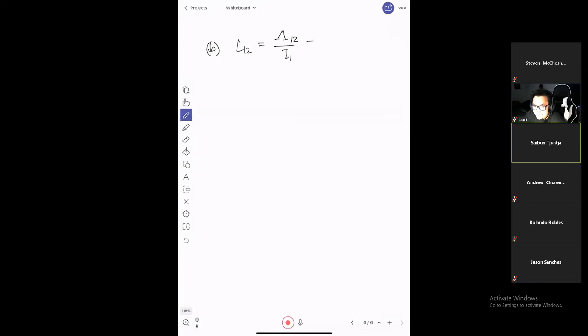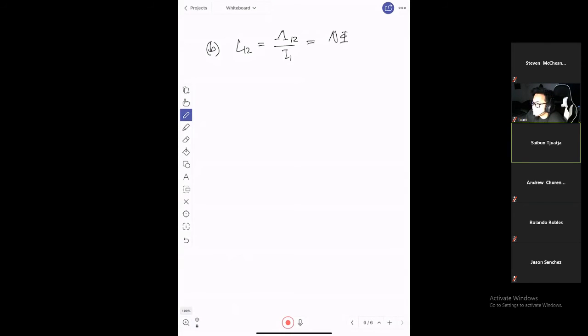Now of course, if I have multiple turns, multiple turns means I have more and more surface. One turn gives me one surface, two turns give me two surfaces, right? So generally this is equal to the number of turns times this.